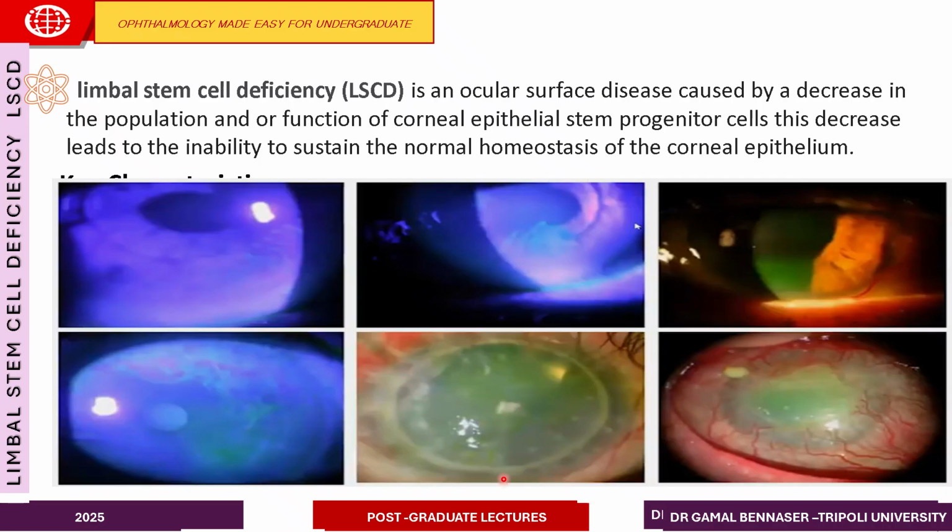Keep in mind that keratoplasty does not treat limbal stem cell deficiency. Keratoplasty is not a treatment for limbal stem cell deficiency, as these patients, if they undergo keratoplasty, will have definite rejection. So we have to do limbal stem cell transplantation rather than total corneal transplantation.